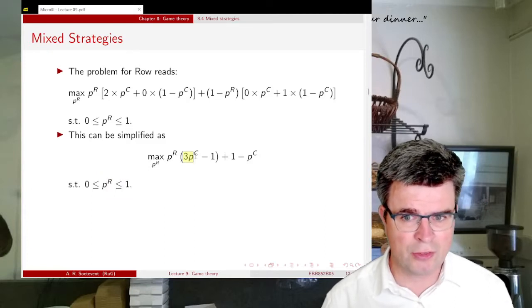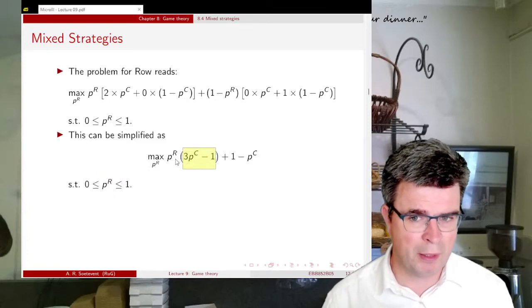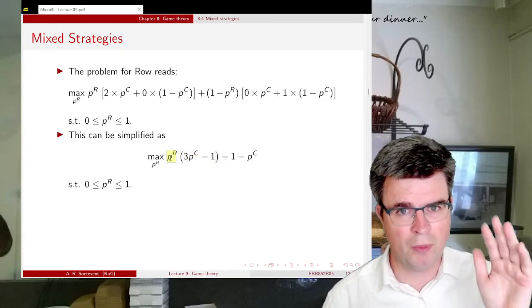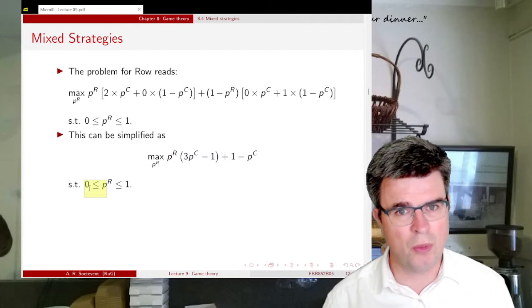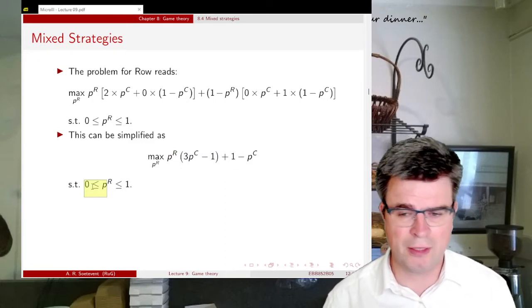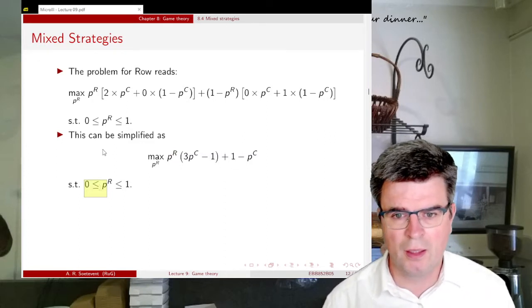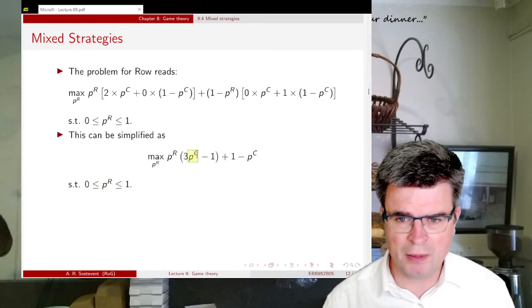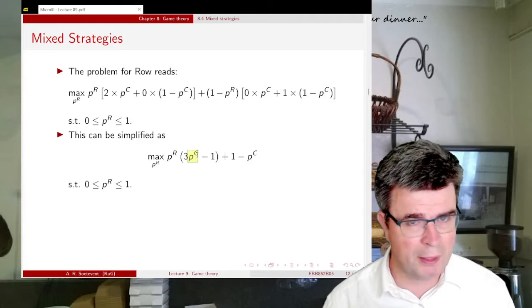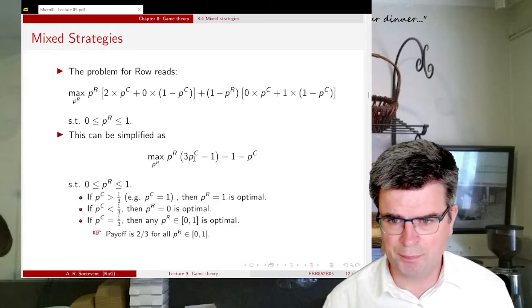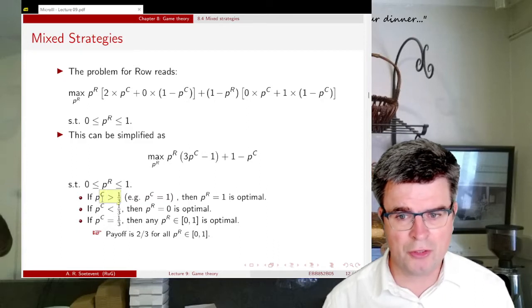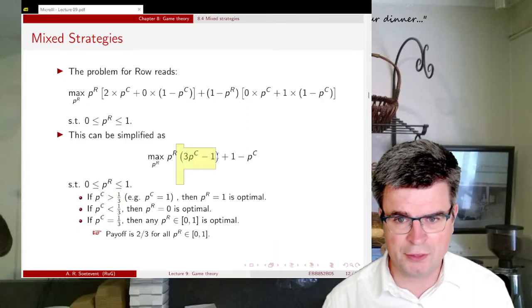If, in contrast, this term is negative, then the player will maximize his utility by choosing PR as small as possible, and you cannot go below 0, so you will set it to 0. That is the mechanism. So it depends on the probability with which the column player mixes between Italy and Sweden. If PC is larger than 1/3, then this thing is positive.